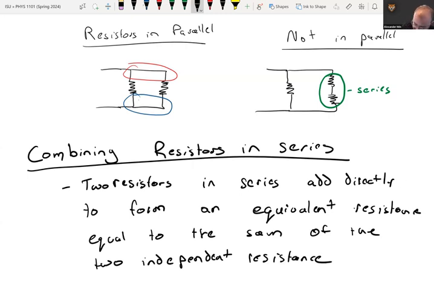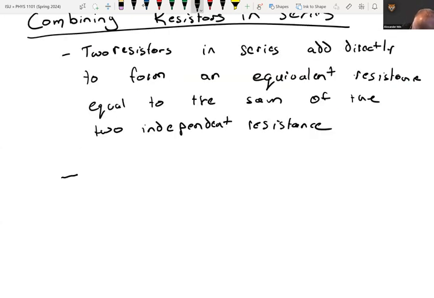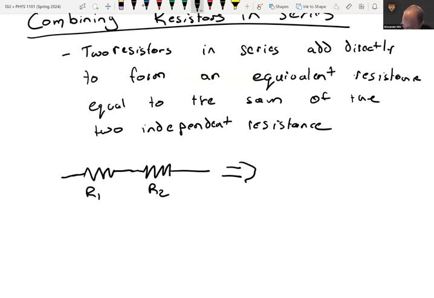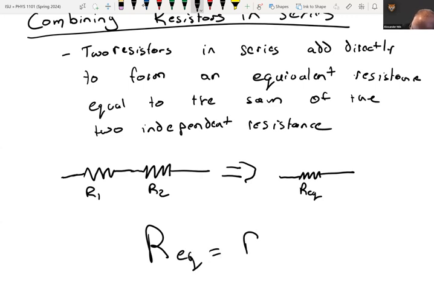Okay, so the idea here is that if we have something like this in our circuit diagram, it's R1, and then it's connected to another resistor, R2. Basically, this can be redrawn as a single resistor, R equivalent, where R equivalent equals R1 plus R2.